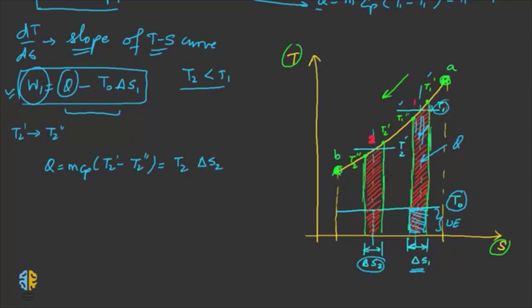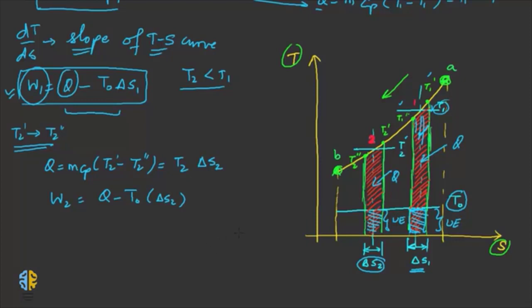So this shaded region is again Q. Now with this drop in temperature, there is again a drop in the available energy. So the available energy lost with this heat loss at temperature T2 is, let us say, W2, which is equal to Q minus T naught delta S2. So this much amount of energy is not accounted for, and this again becomes the unavailable energy.